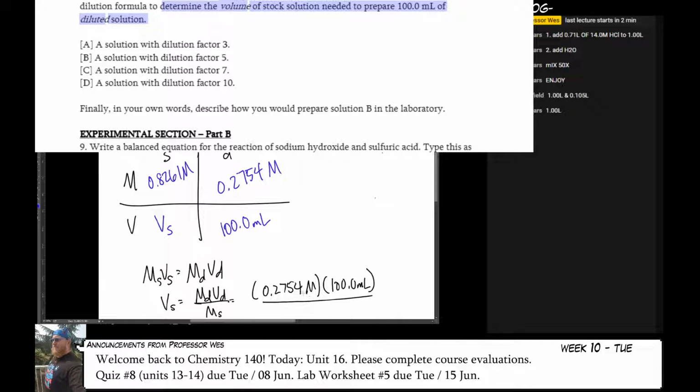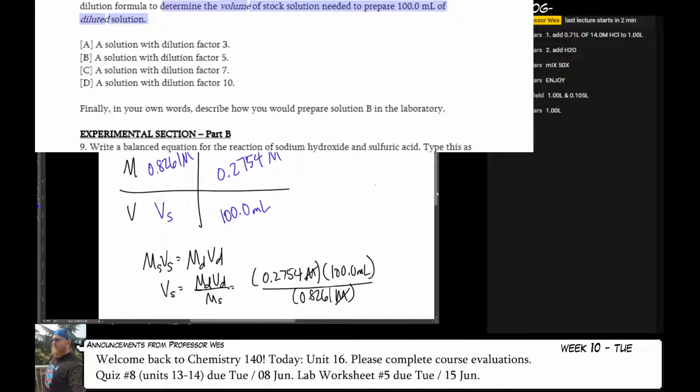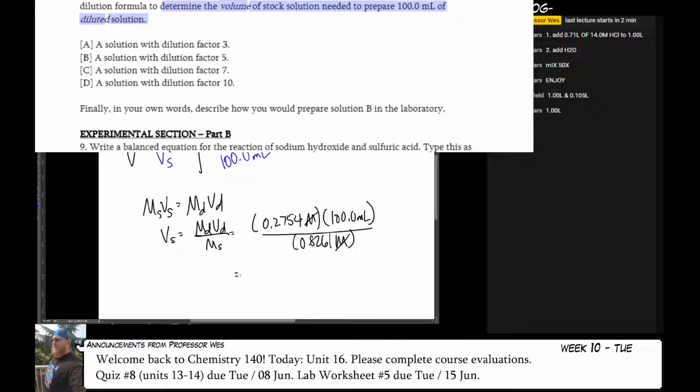You don't have to change it to liters because you'll just get milliliters out. And the stock concentration is 0.8261. When I put this in the calculator, I should get 33.3, right? Yeah, 33.3 milliliters. There you go. So I did the calculation for how to prepare solution A.